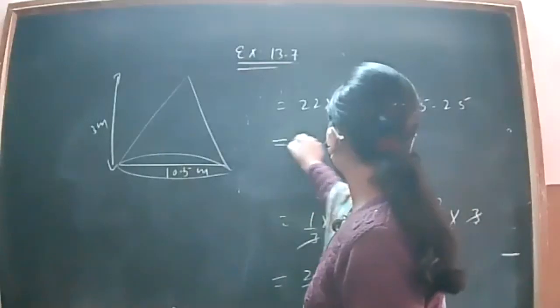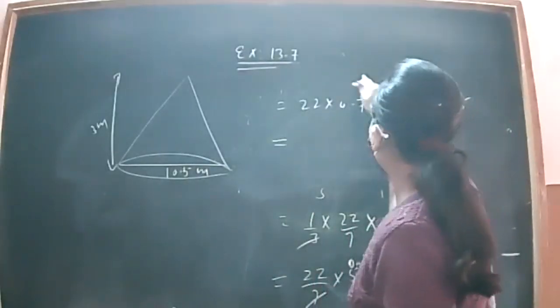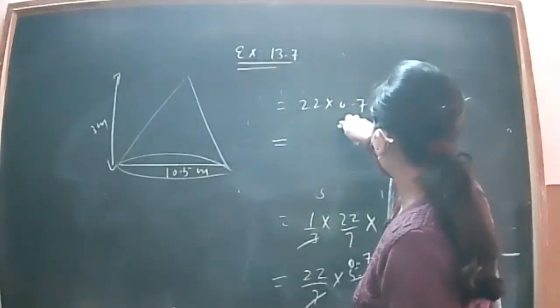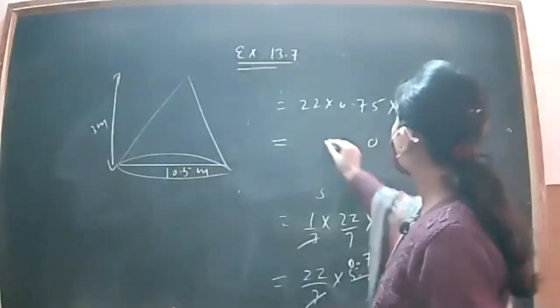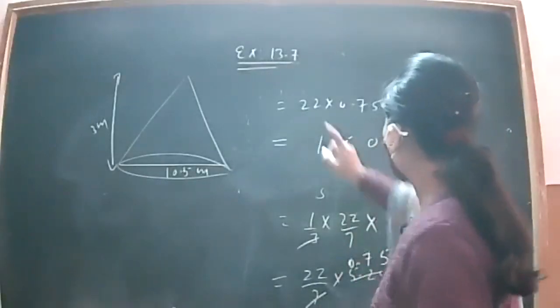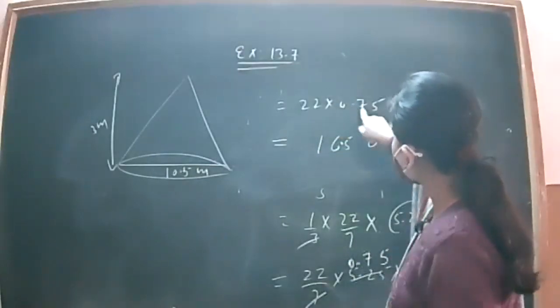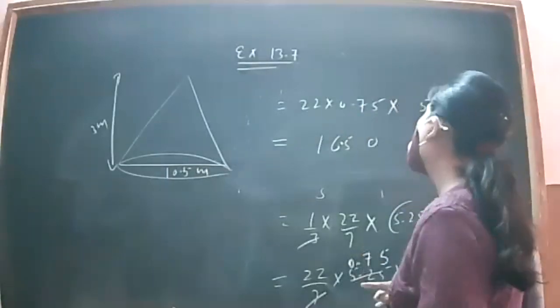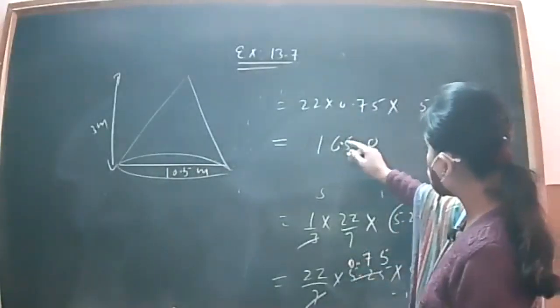So further equal to, let us multiply these two. 22 5s are 110, 0, 11, 22 7s are 154 plus 11, that means 165, and the decimal is also included. This will be 16.5.